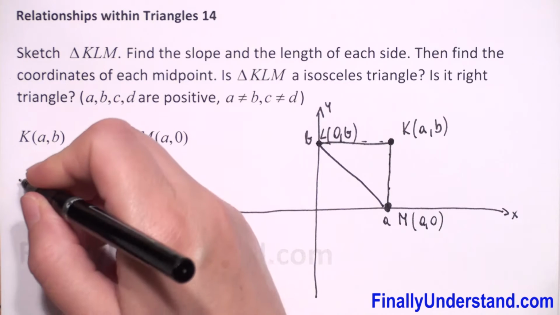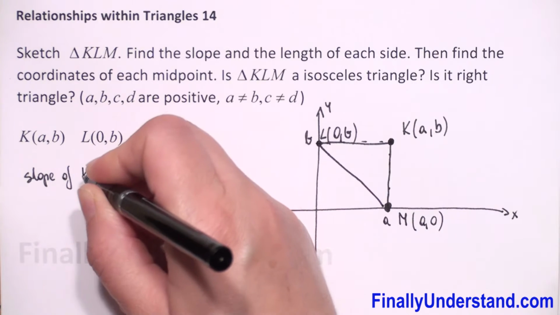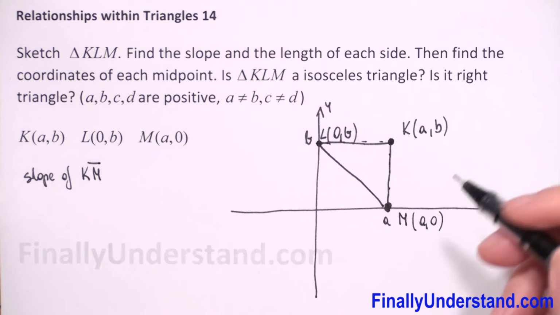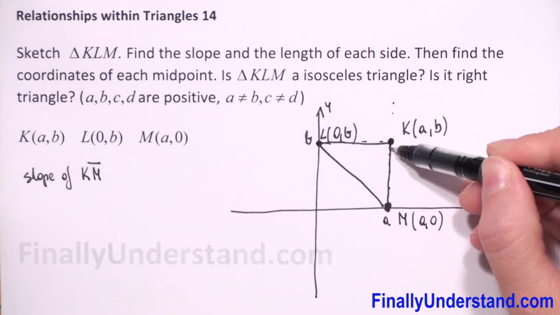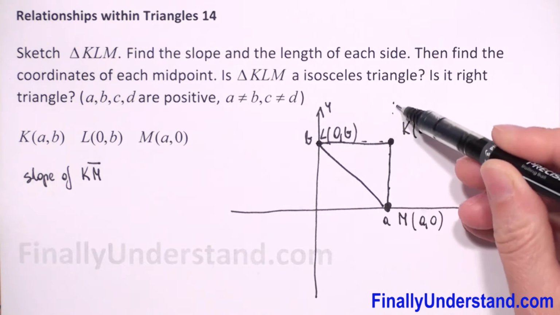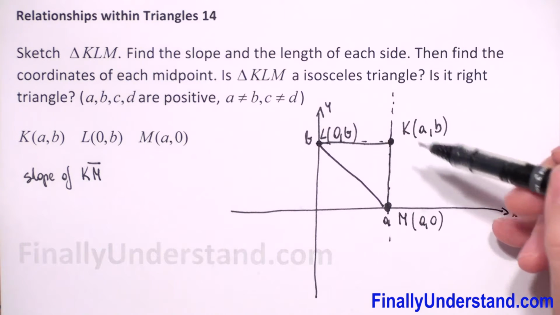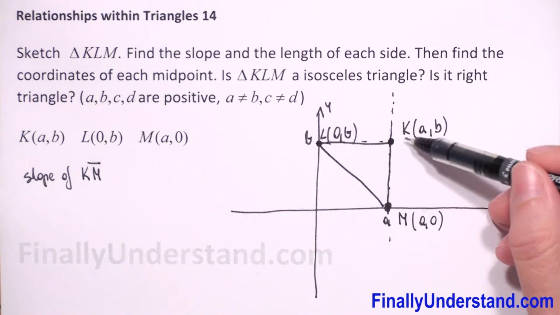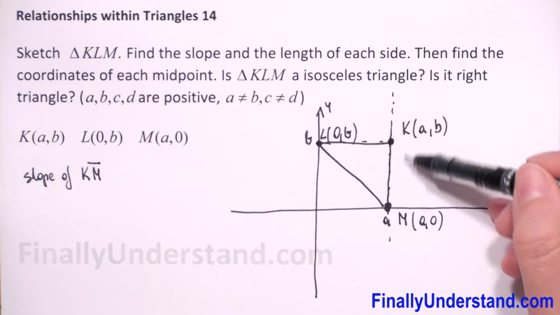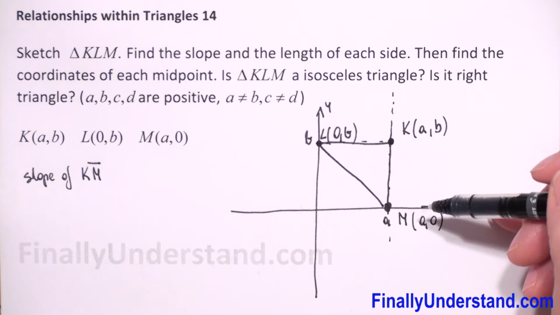So the slope of the KM segment, because if we extend this KM segment, we have line KM. This line passes through these 2 points, K and M. And we know the formula for the slope if a line passes through points.